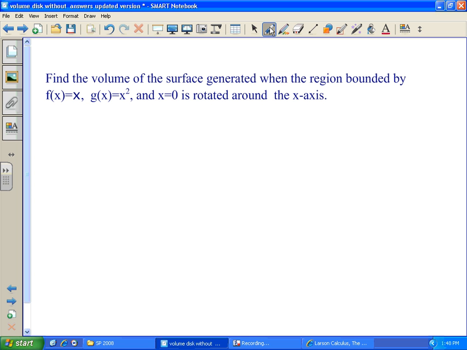Find the volume of the surface generated when the region bounded by y equals x, y equals x squared.